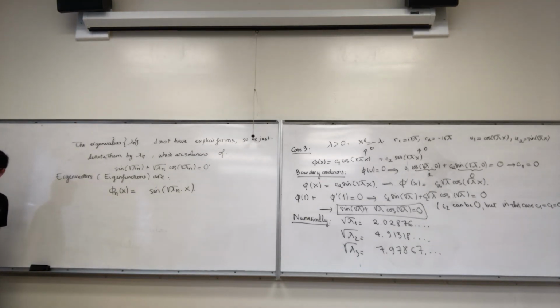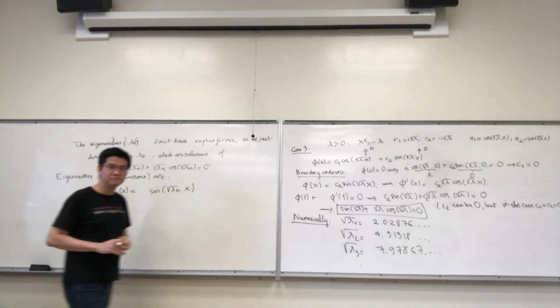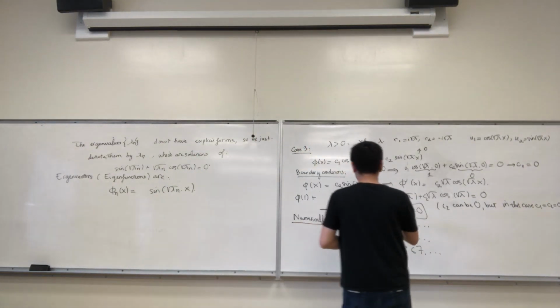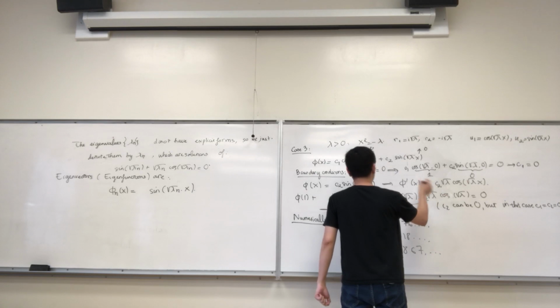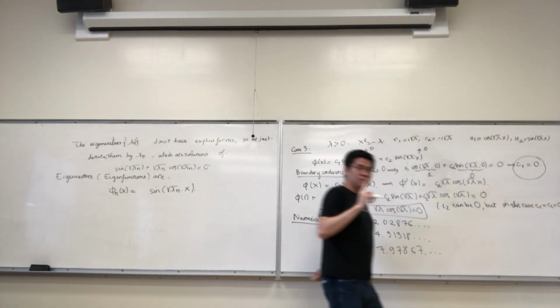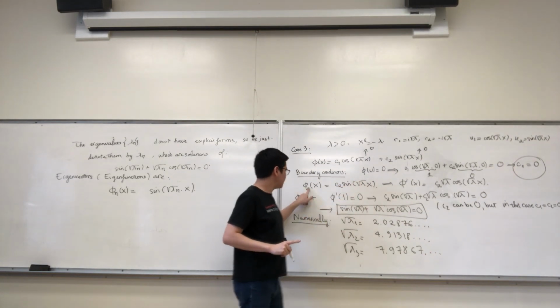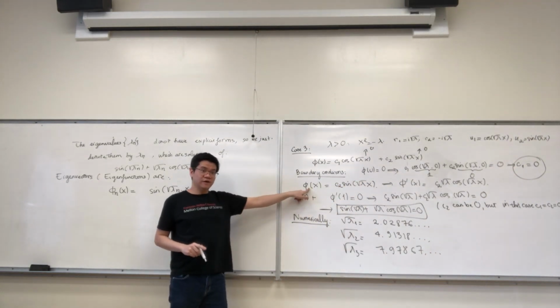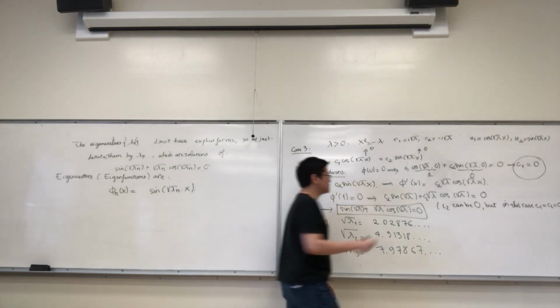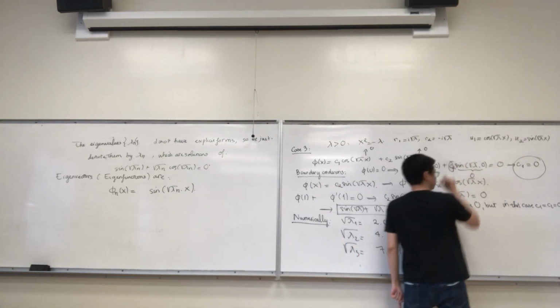Other questions? Yes? Why does the eigenvector only include sine and not the cosine term? Because here you see that C1 is 0. So C1 is 0 means that the eigenfunction or eigenvector is only C2 times sine. Right? So you have C1 and C2.